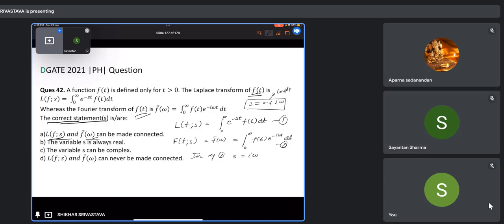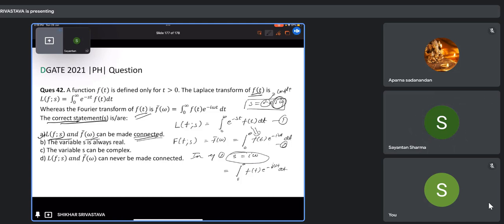In the case when the real part is 0, you are left with only the imaginary part, and if you replace s in equation 1 with this imaginary part, what you get is nothing but equation 2. So you put this in equation 1, you get equation 2. So option A, that Laplace and Fourier transform can be made connected, is true. With this Laplace operator, we find that both Laplace and Fourier transform are connected.